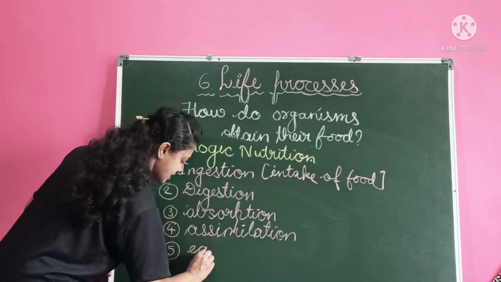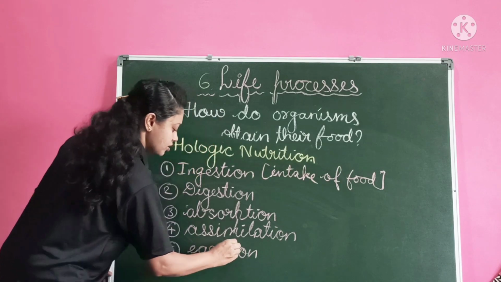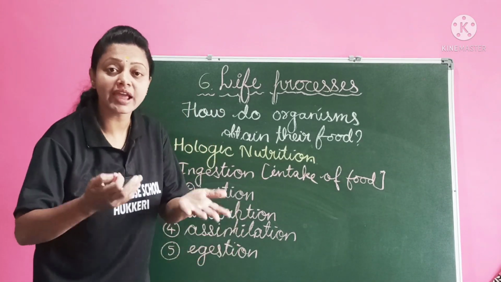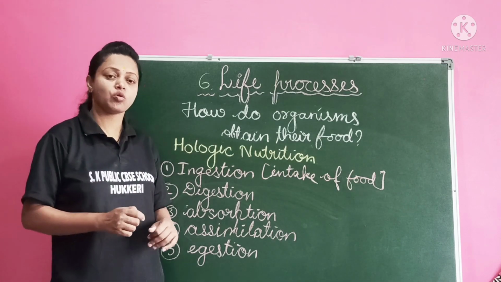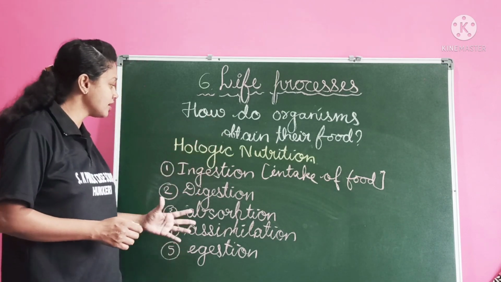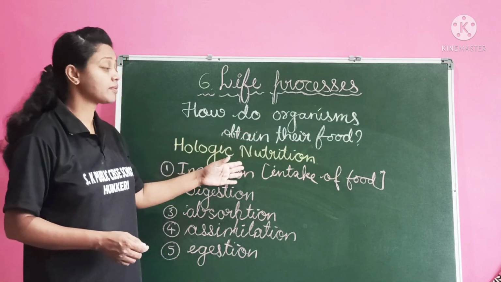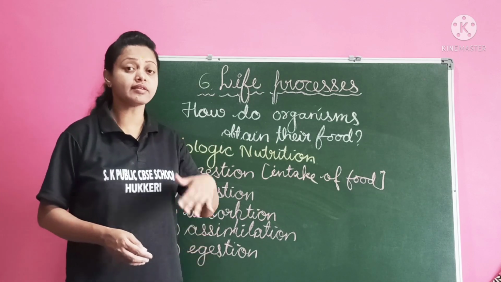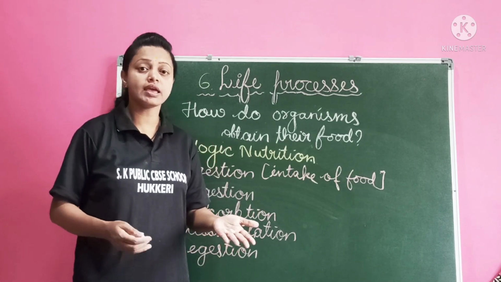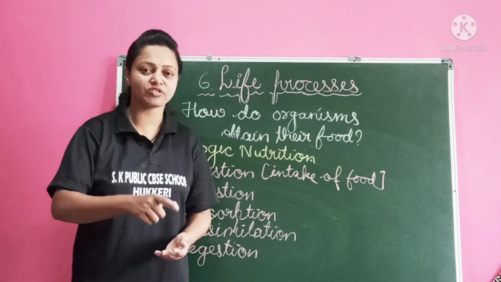Egestion means throwing out the waste from the body. So all these 5 steps are included in holozoic nutrition, not only in unicellular organisms but also in multicellular organisms, that is, higher animals, including human beings. Hope you understood till here.